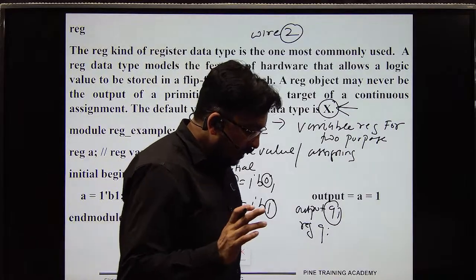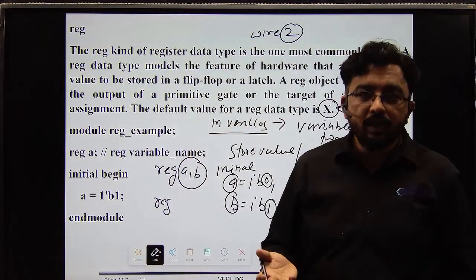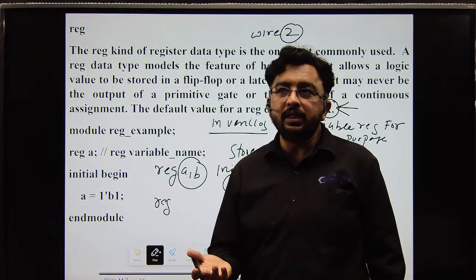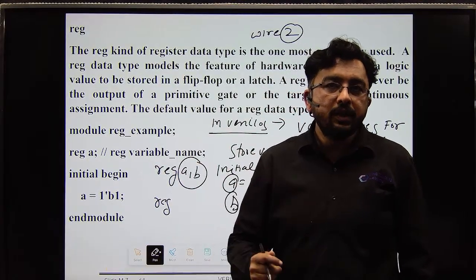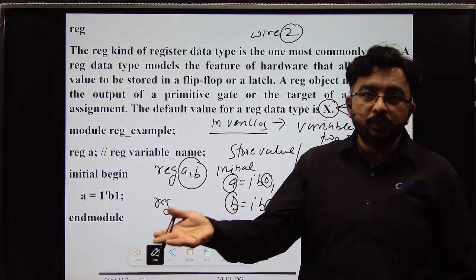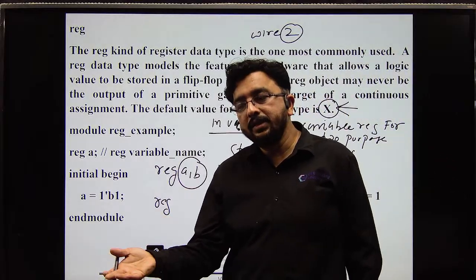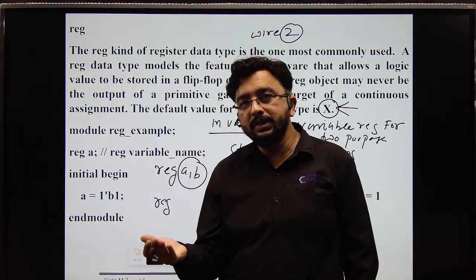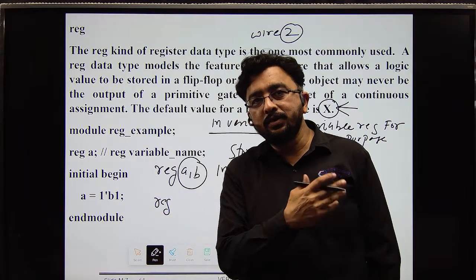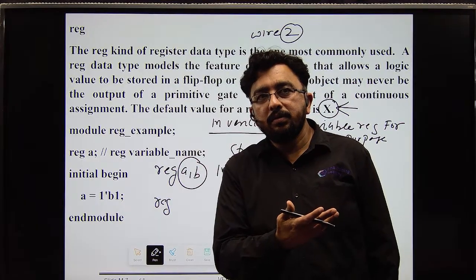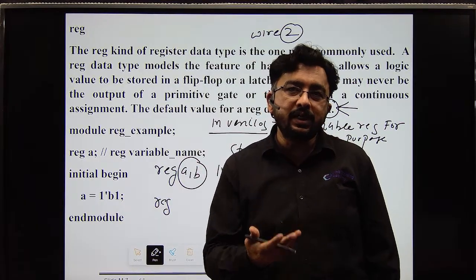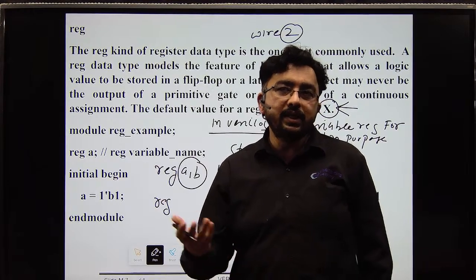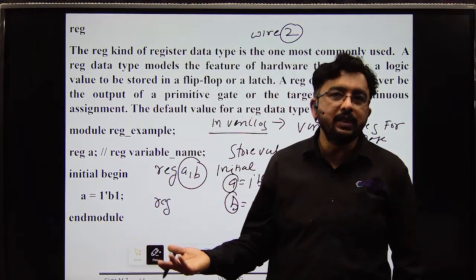Because x is unknown, and you know that the reg is mainly used at the output side, right? Reg generally कहाँ पे यूज होता है? आउटपुट साइड पे यूज होता है. So at the output side, if initially no value is connected, like no 0 or 1 is connected, then in that case the output is unknown.